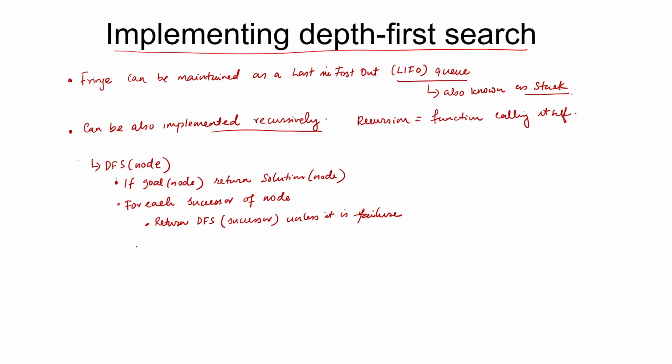Then the last one is return failure. You can call the function in itself, so you can implement this recursively. But breadth first is not good for recursive implementation.